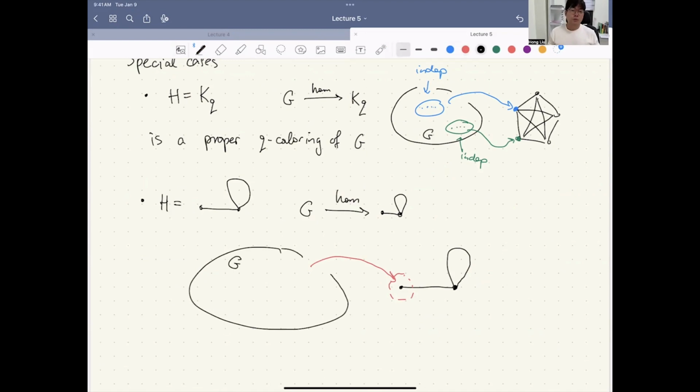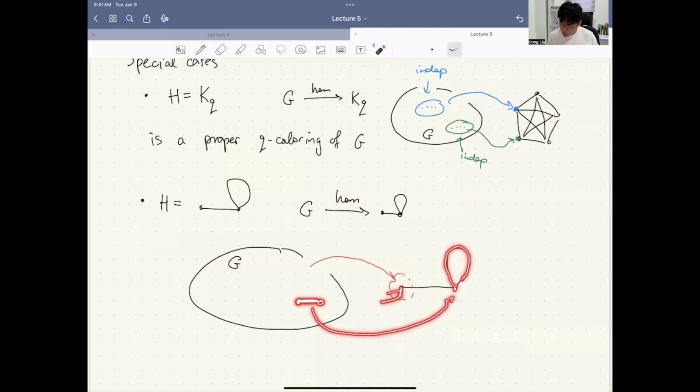What do we know? It must be an independent set. If two vertices are adjacent, they can both be mapped to the vertex with the loop, because there is a loop, so it preserves this adjacency. But they cannot be mapped to the other vertex. This is not okay. So the pre-image of any vertex that's not a loop, as we said above, must be an independent set.